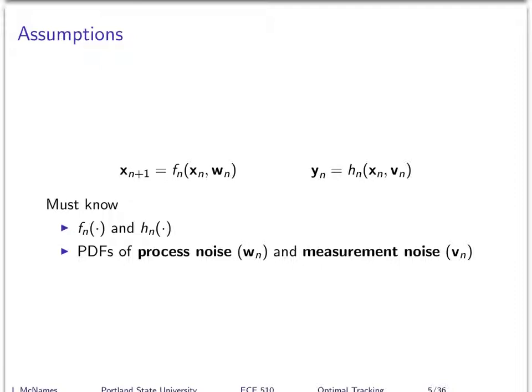In some cases you'll have sensor noise that occasionally produces very large values, in which case a normal distribution isn't a good model, and you can use other distributions when that occurs. So there's a lot of flexibility there, but usually it's additive Gaussian noise. Similarly, with the process noise, you technically need to know what the PDF is.